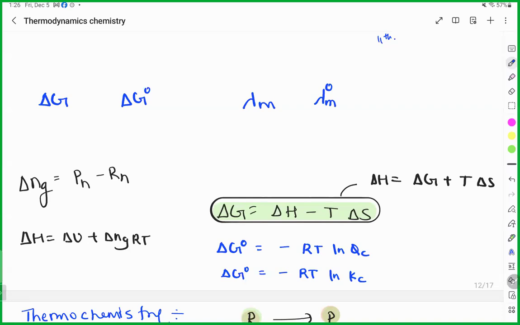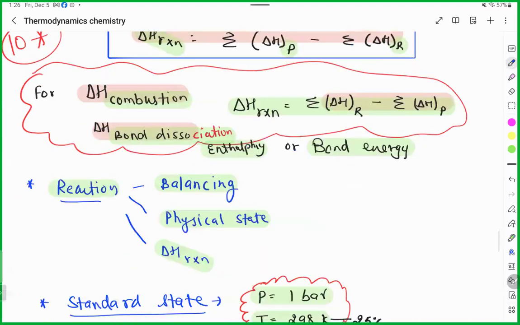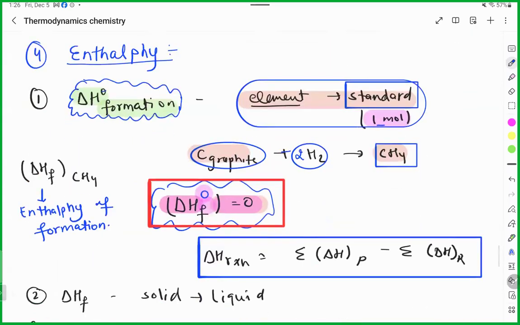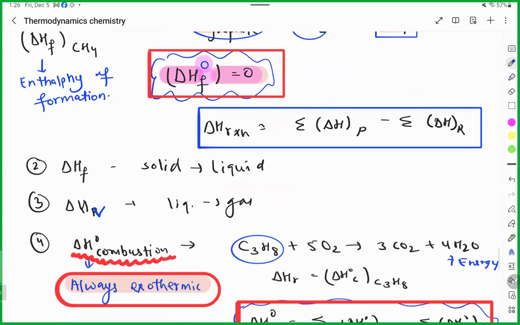Same way, we have this enthalpy and this enthalpy in the standard state, and its value will be zero for 1 mole. Understood?